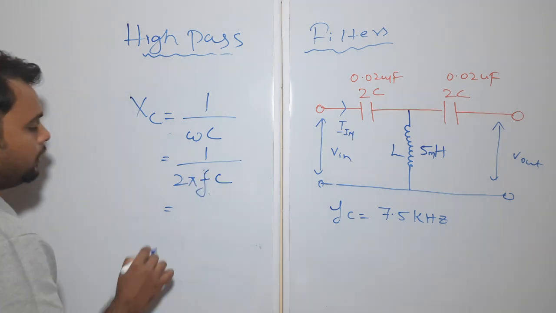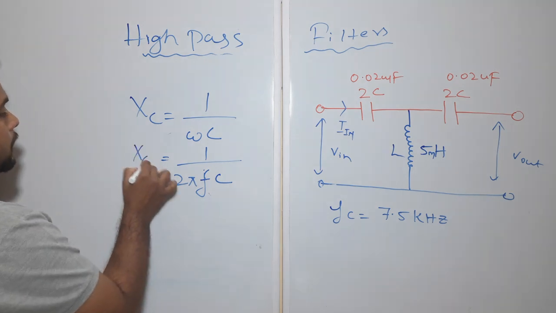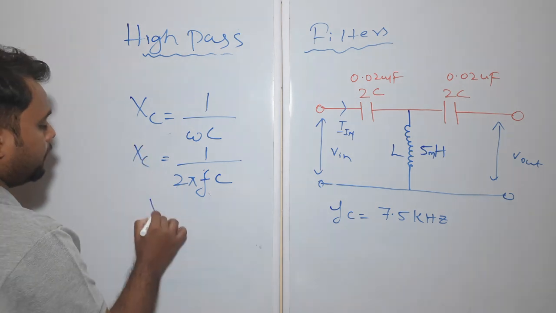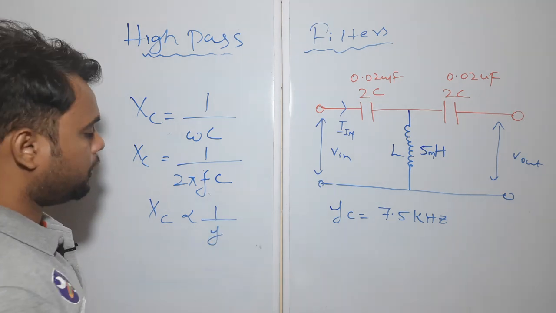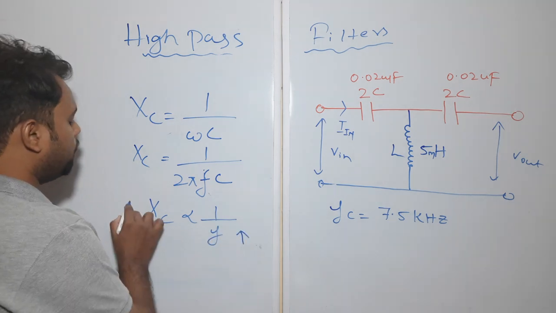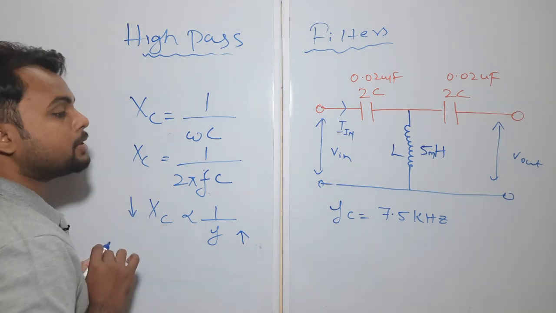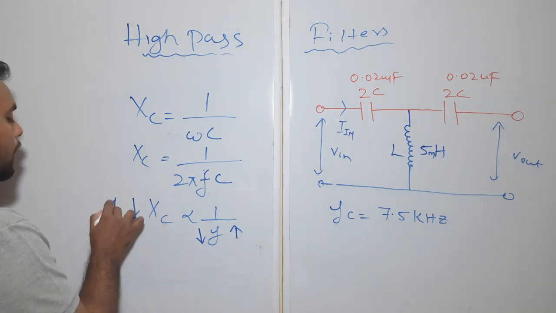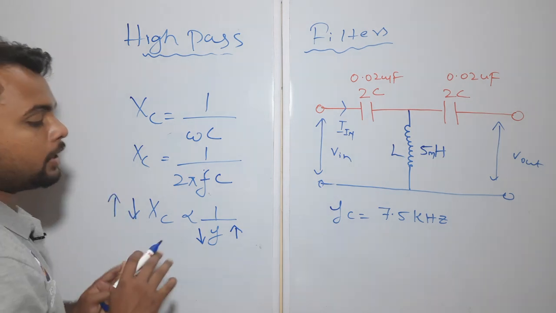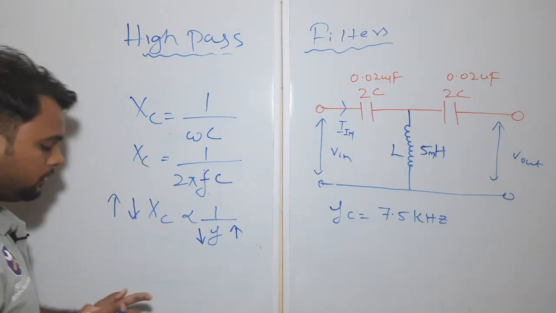Now as you can see, the Xc is inversely proportional to the frequency. That means the higher frequency wave will get lower capacitive resistance, and lower frequency will get a higher capacitive resistance if we connect it to a capacitor.